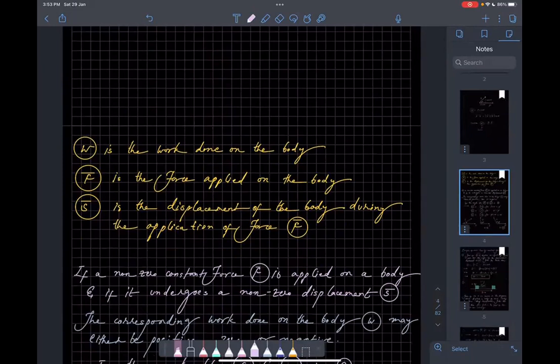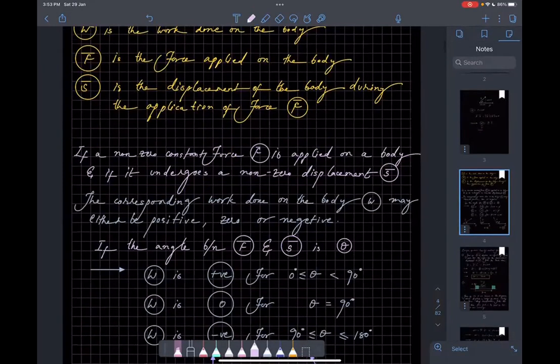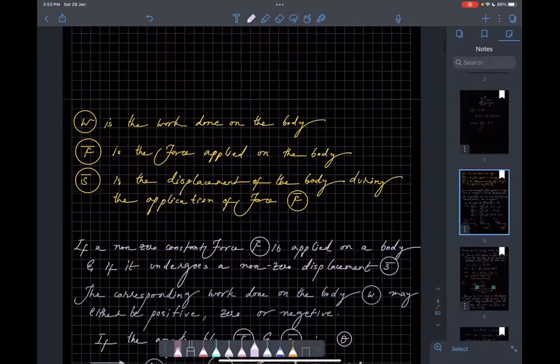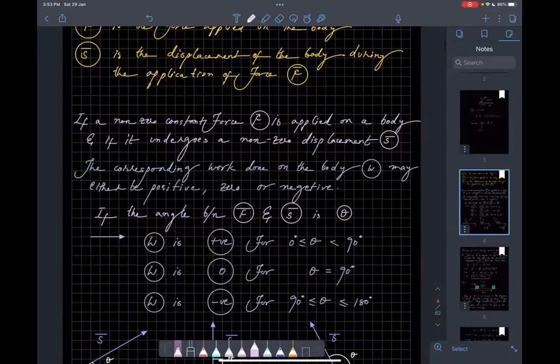Now, what does W signify, and what does F bar signify? That I have written here. Okay.